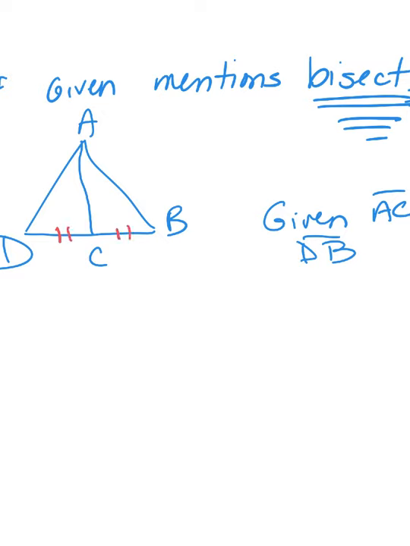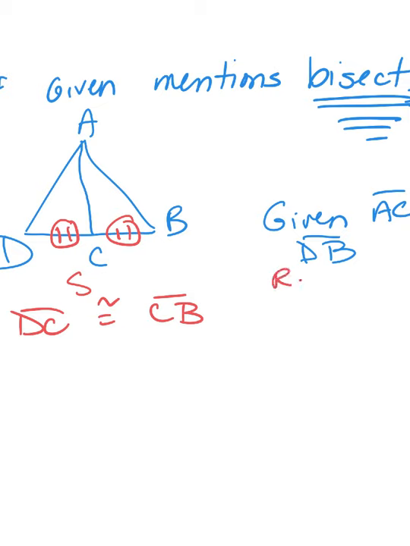So bisect, whenever you see that, it means cuts in half. So then you can say DC is congruent to CB, and the reason is definition of bisect, okay?